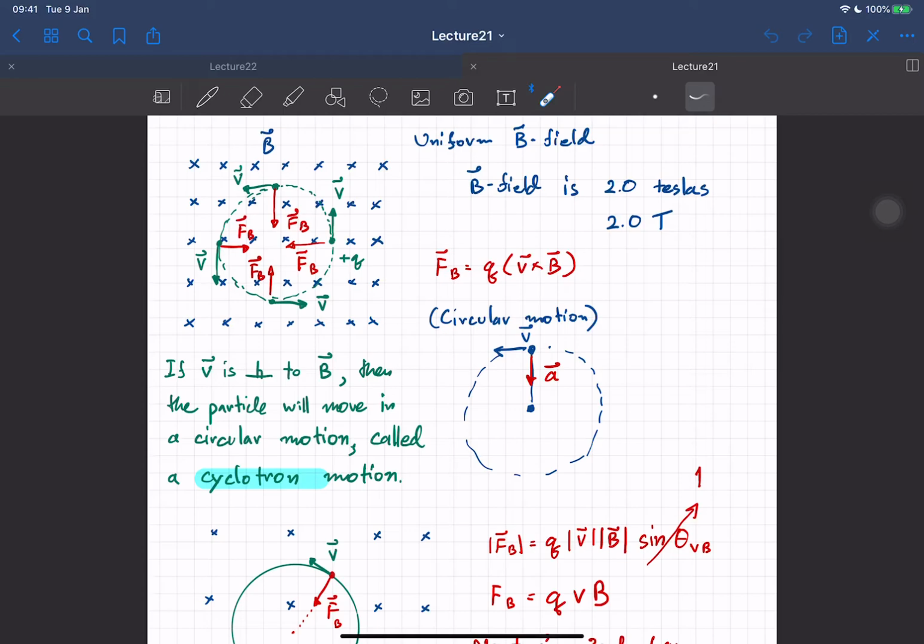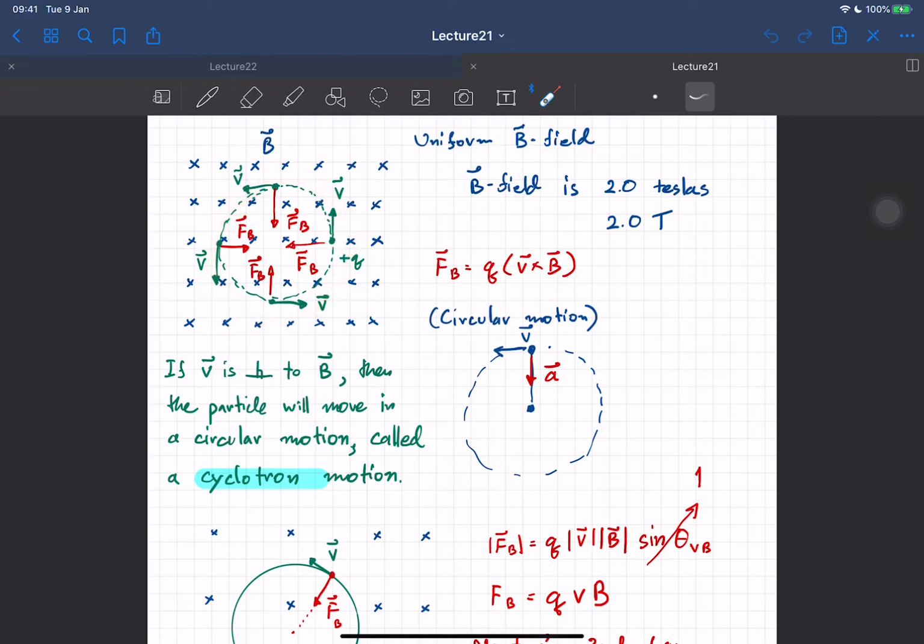Then you repeat the same thing for every other point, in this case 3 other points here. And you're going to see that no matter where you are, the magnetic force is always pointing toward the center of this circle.